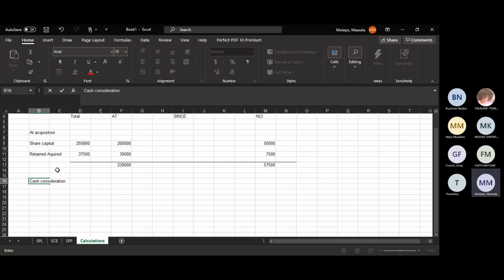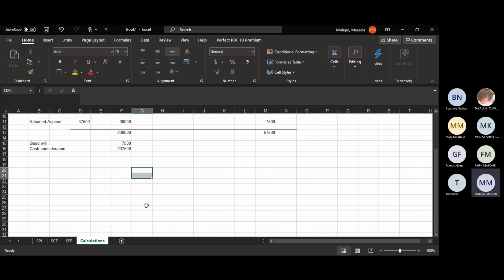The cash consideration paid is 237,500. Then we less our 230. It gave us the goodwill of 7.5. Then we all agree, this will be the goodwill. Then we proceed further.